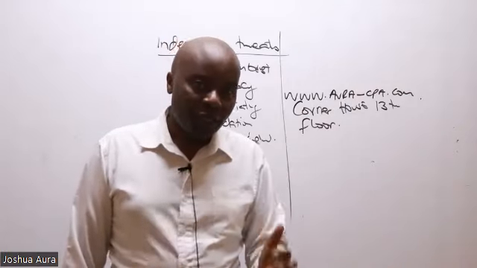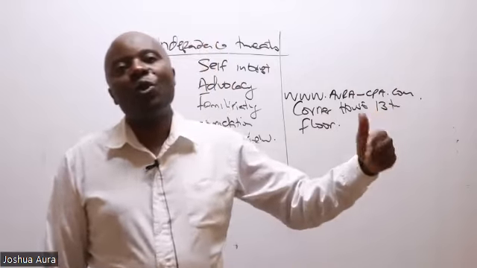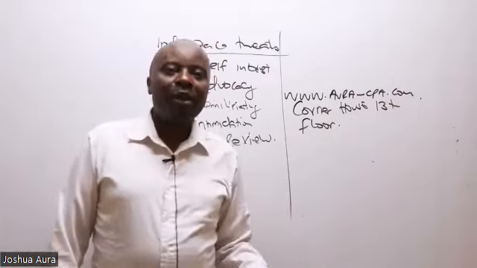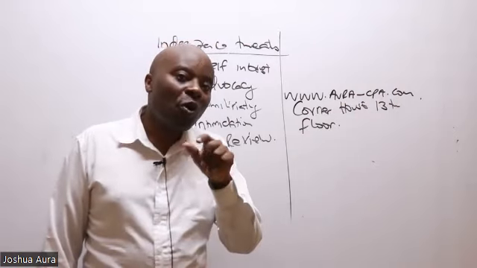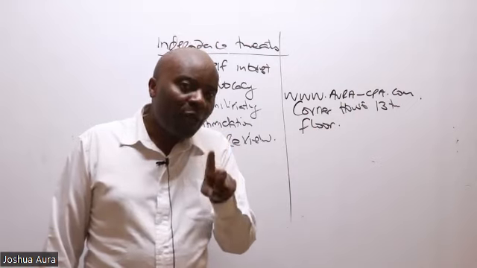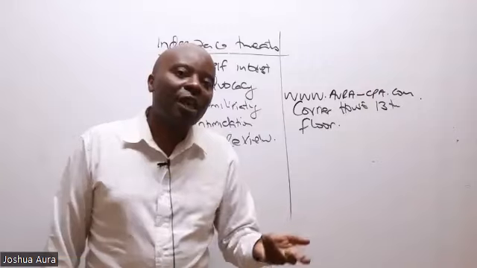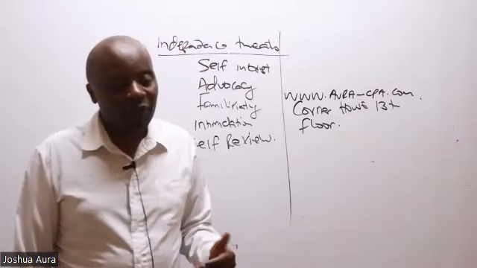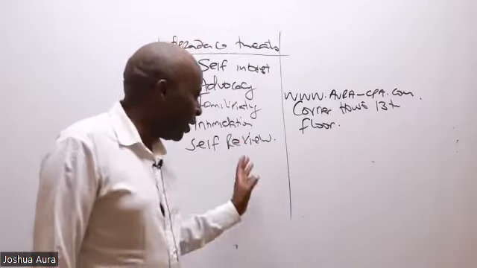So on top of the auditing and assurance that you're doing, you'll still have to do other duties for them. When you do so many things for them, in future when you are auditing, you will get a situation where you are looking at your own work that you did. You are required in this case to audit yourself. So it's not proper. When you audit yourself, automatically your independence is compromised.